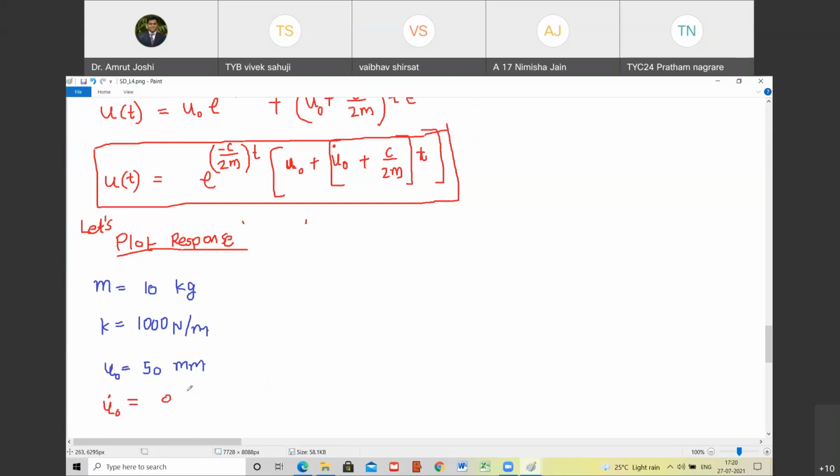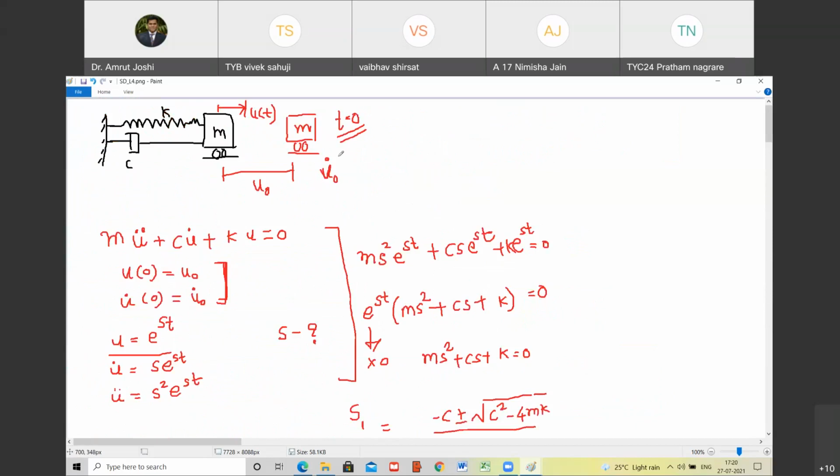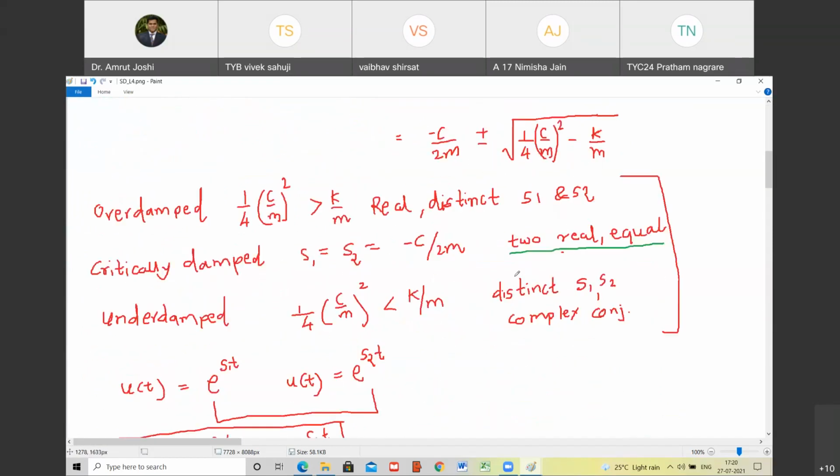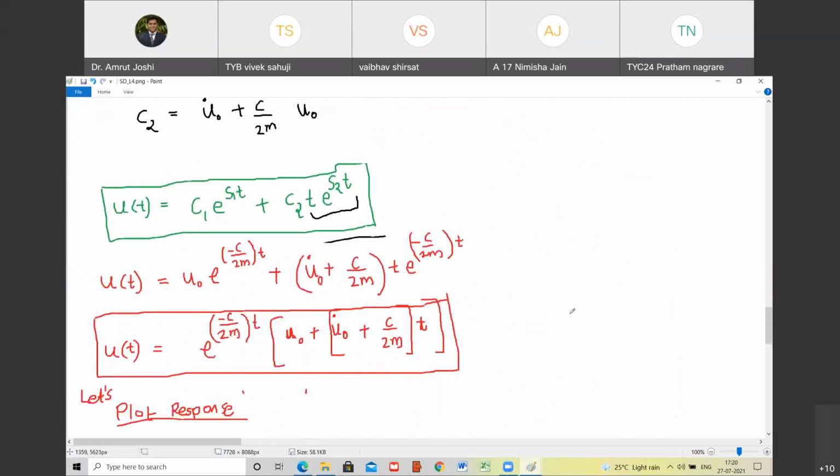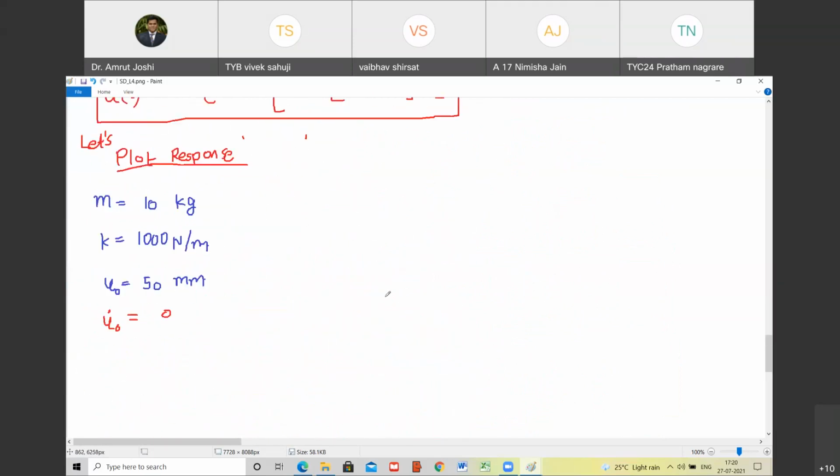That means the system starts from rest, because at time t equal to 0, when I have just plucked the mass, the velocity u0 dot is 0, and then I am going to release the mass. Are you with me? Please give me the response in the chat box so that we can proceed.